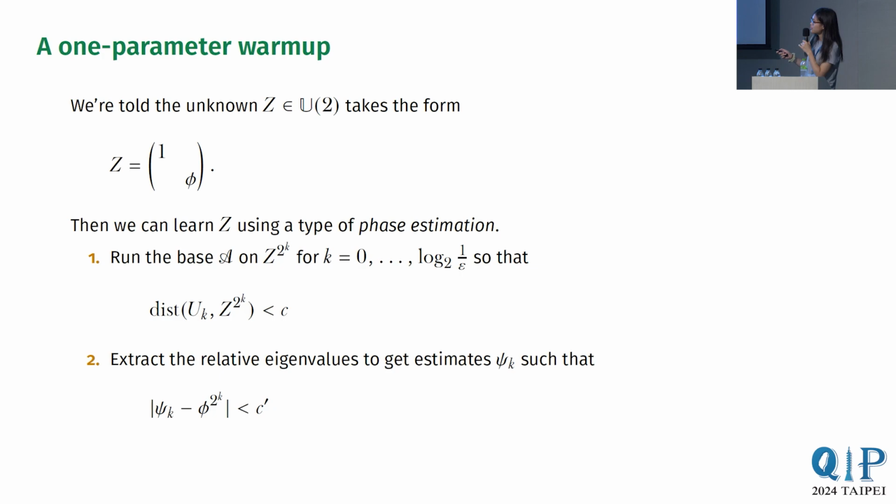Well, all that we need to know is what this phi is. So we can look at the corresponding entry of uk. And this will give me still a constant good estimate of the phi to the 2 to the k's. So I'm using my base tomography algorithm to get these estimates, and then from these estimates, I'm extracting some estimates of the phases, this phi to the 2 to the k.